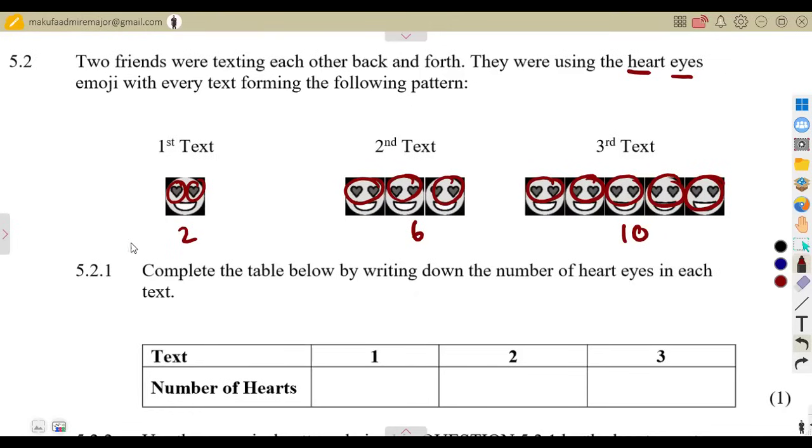These are the heart eyes, these ones. We're talking about the heart eyes that we are seeing, which are the hearts. In fact, these eyes are heart eyes, in the form of a heart.